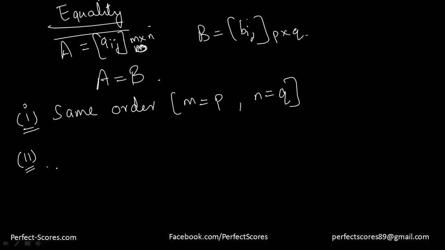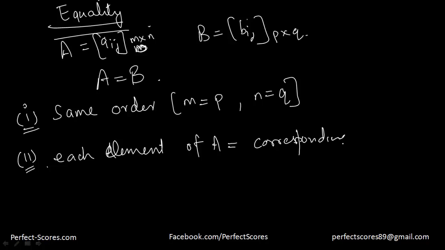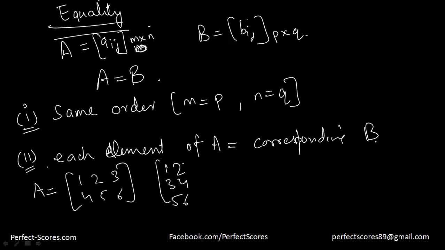The next very important thing for matrices to be equal is that each element of A has to be equal to the corresponding element of B, right? So let's suppose this is matrix A, 1 2 3 4 5 6, and this is matrix B, 1 2 3 4 5 6.